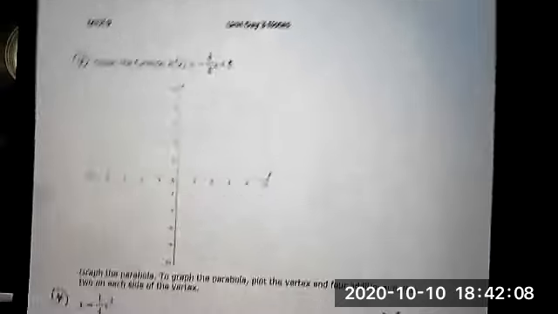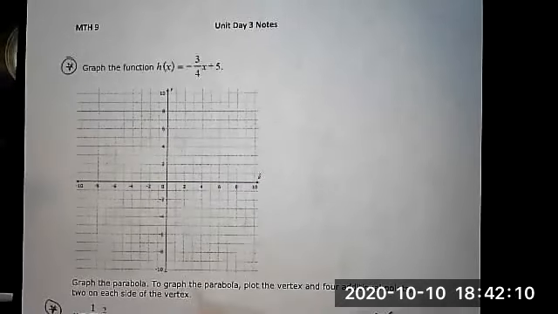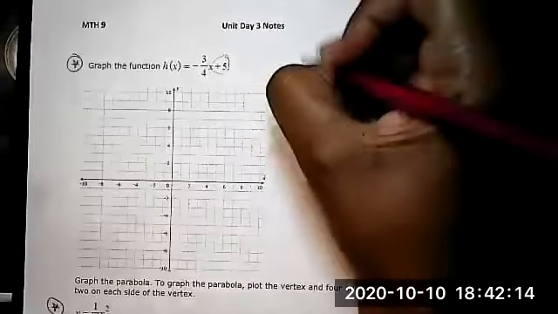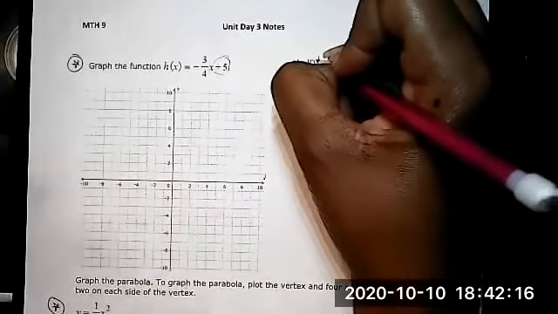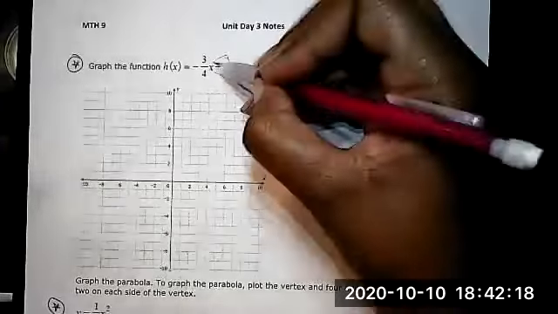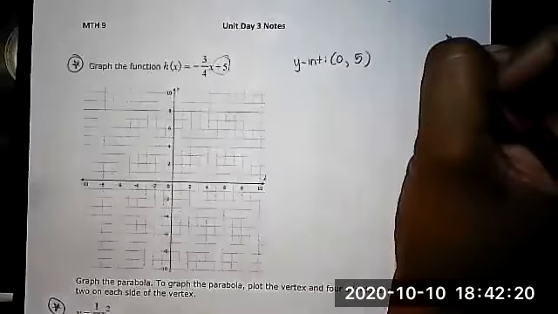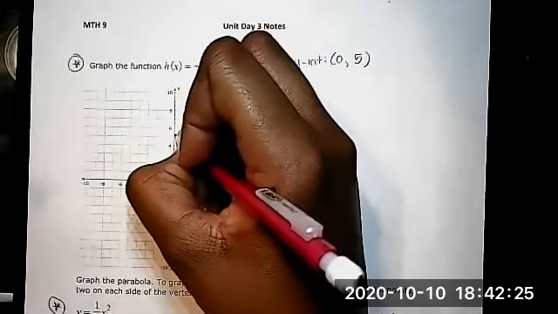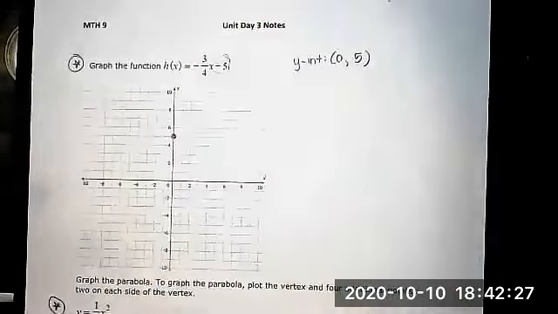Let's turn it over and go here. Again, we're always going to start with your y-intercept. Our y-intercept looks like it's +5. For your y-intercept, x is always 0, and it looks like positive 5 is your y-intercept. So you go on your y line, go up 5, put a dot. That's your y-intercept.